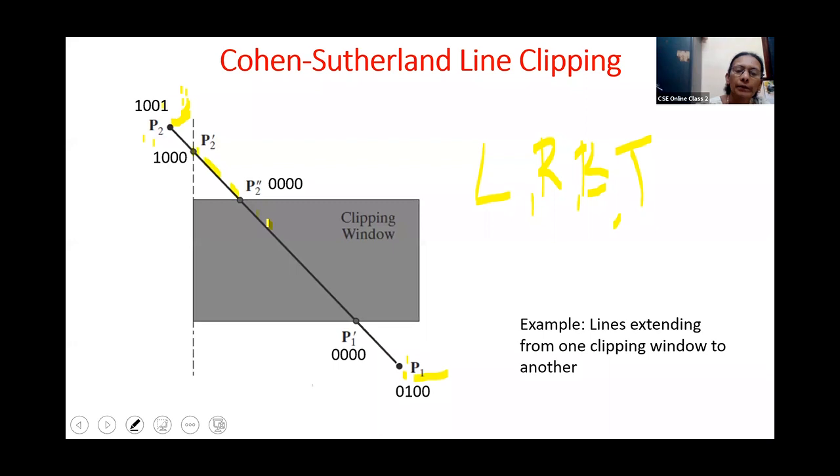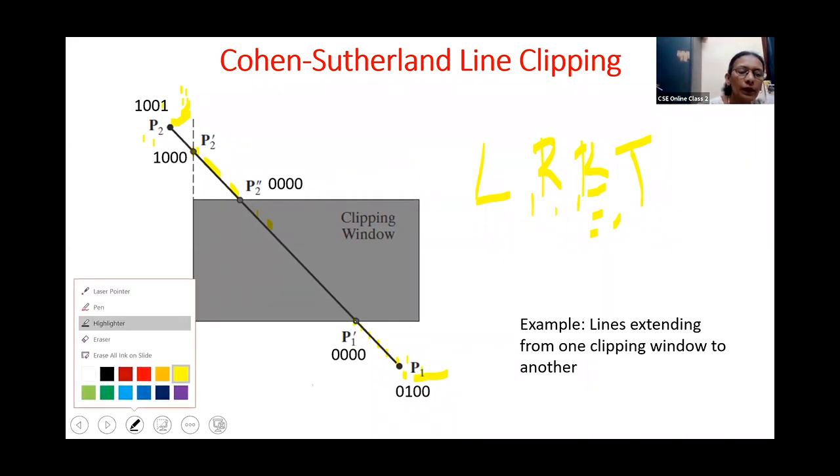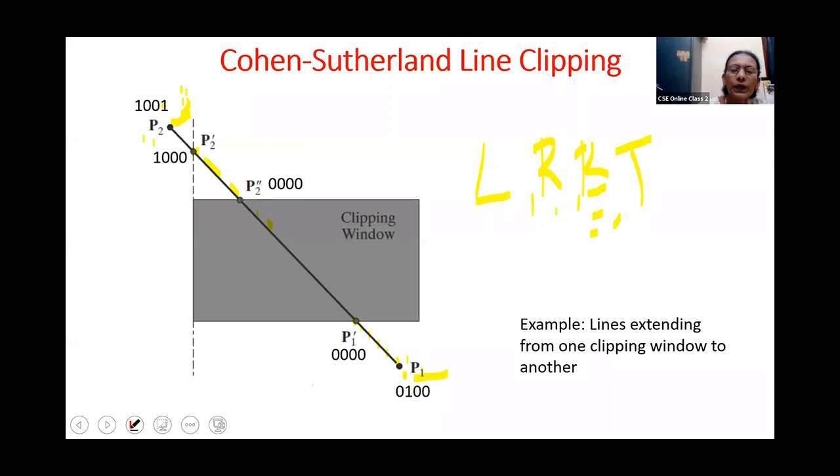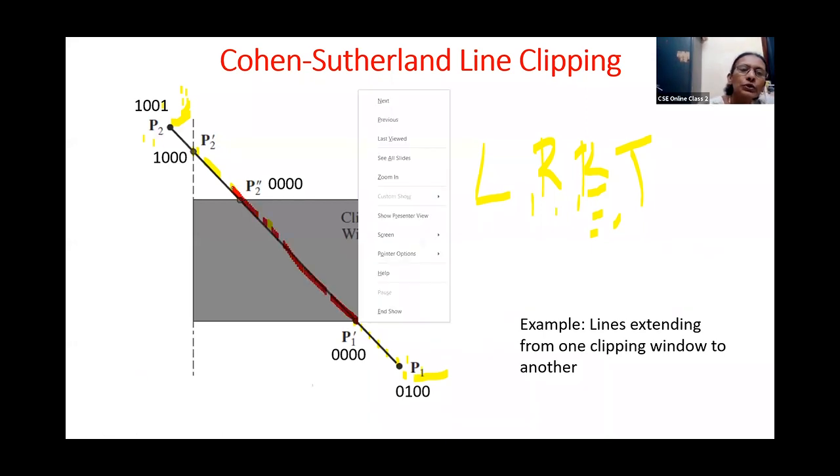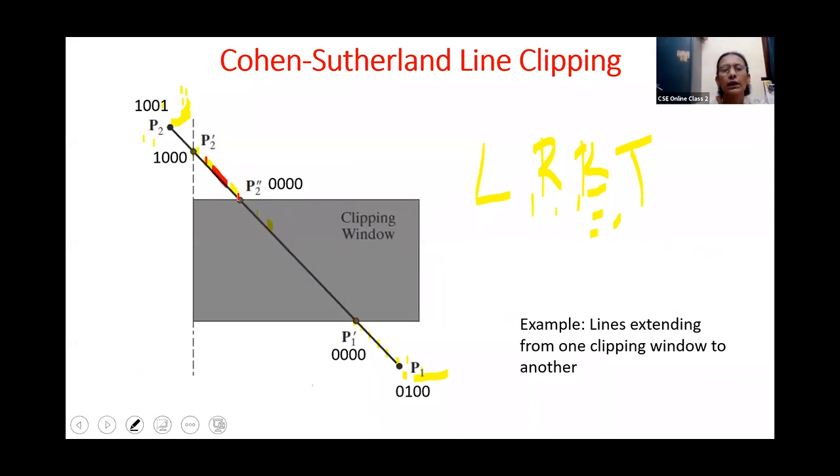Against the right boundary, both endpoints were inside, so nothing was done. For the bottom boundary, P1 is below, so we clipped it to P1 dash. Now we considered the line from P1 dash to P2 dash.